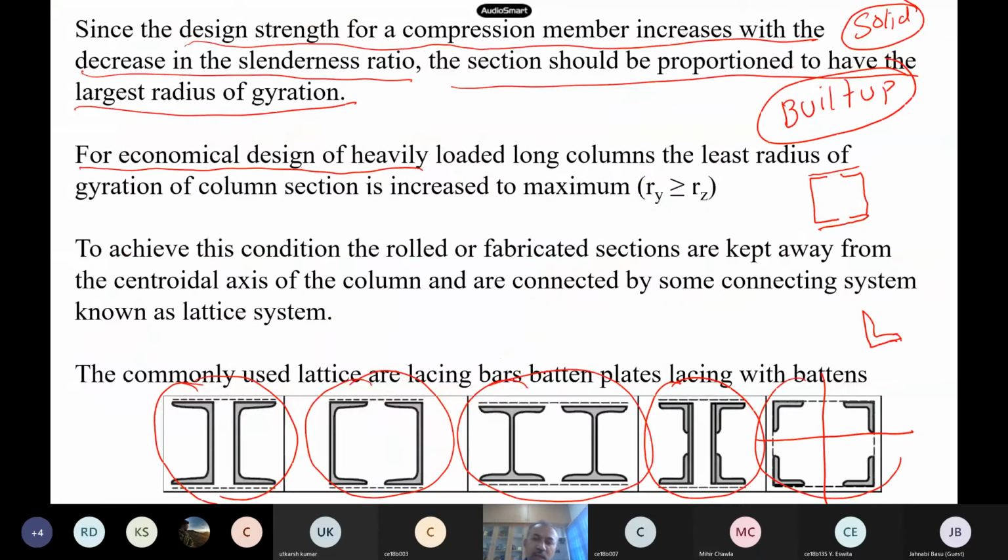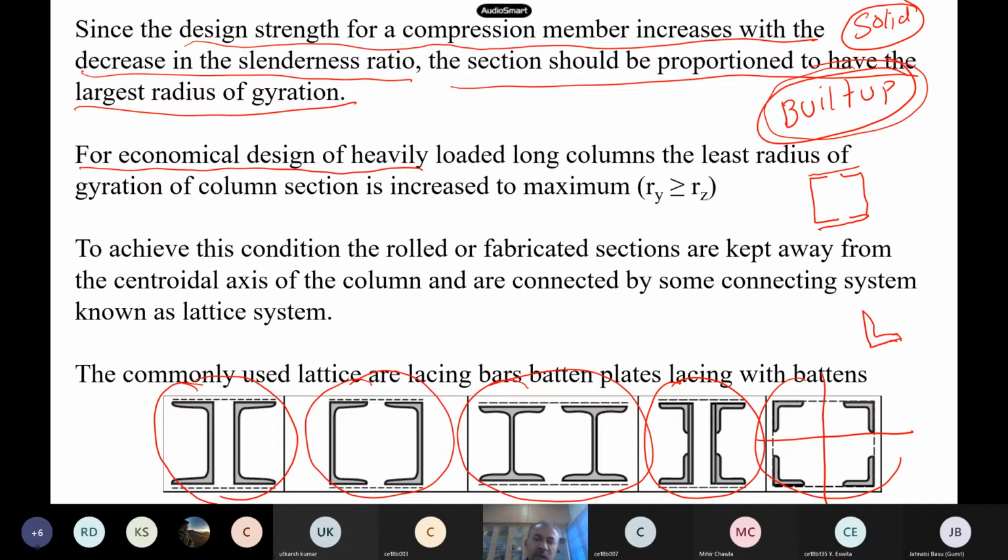Now the other thing we started last class was built-up sections. The idea is very simple. Buckling depends on the radius of gyration or the moment of inertia. So instead of going for a solid section, you take small sections like channels or angles, and arrange the spacing in such a way that the slenderness ratio improves, that is, the minimum radius of gyration increases.